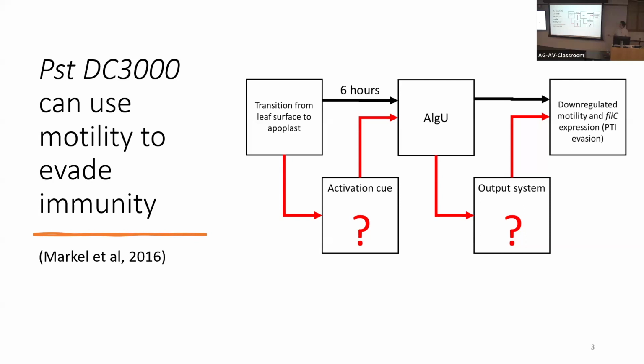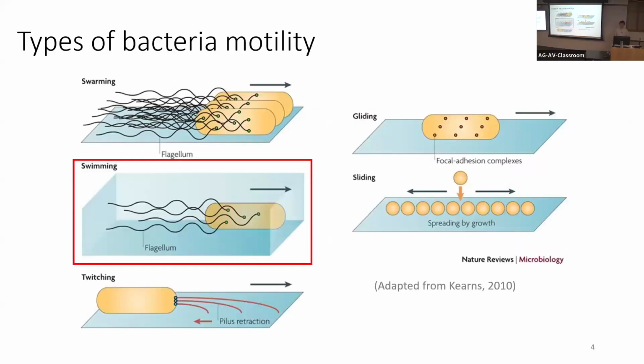Without going too much into the details about this model, which concerns a chapter of my thesis that I won't present here today, but will probably come up in my B exam, I just want to say that at the time, we already knew a little bit about motility control in DC3000 and its ecological function.